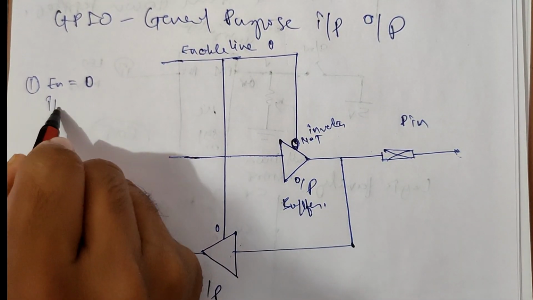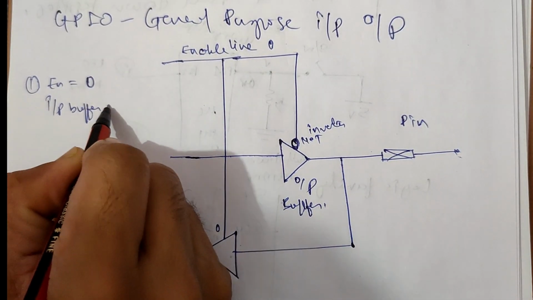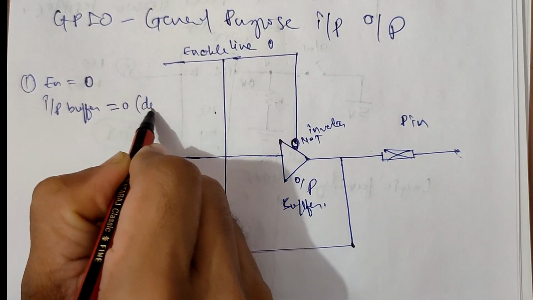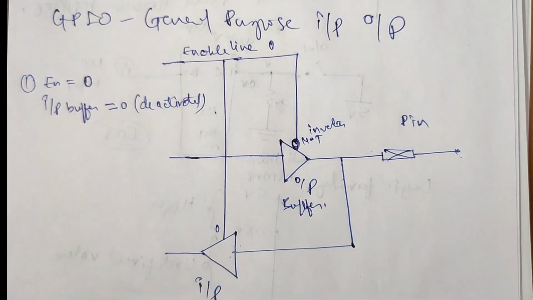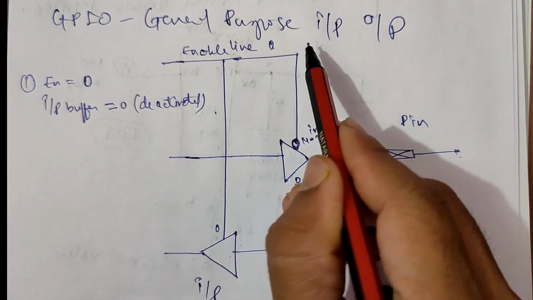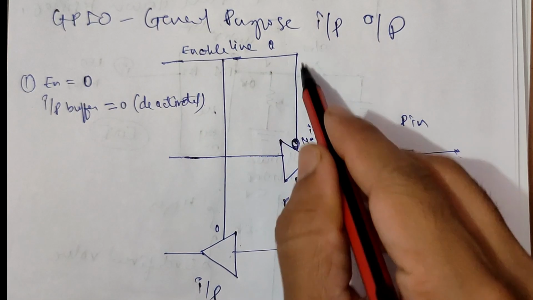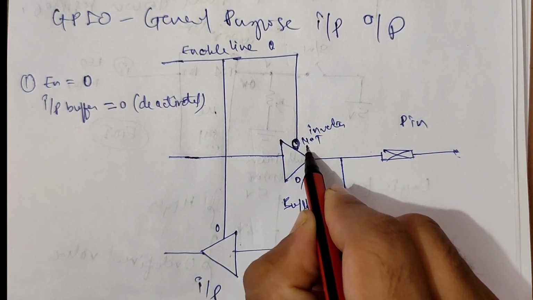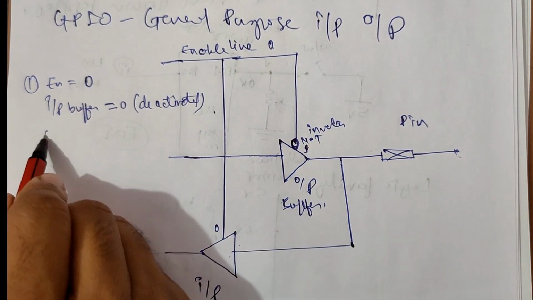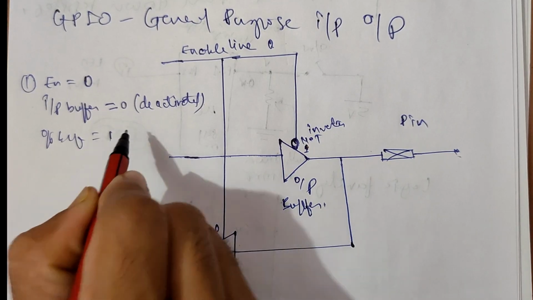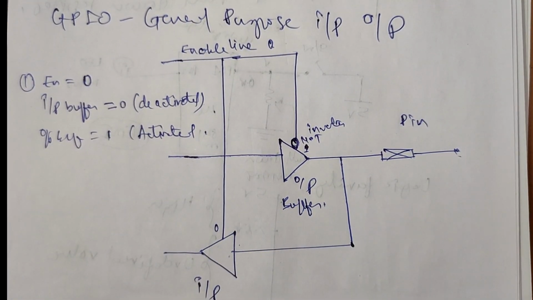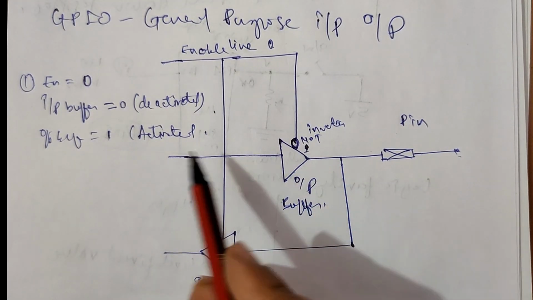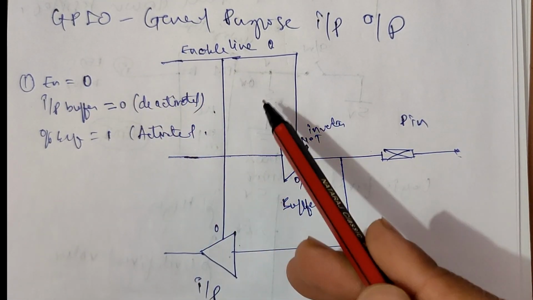The input buffer is getting 0, which means deactivated. See the output line here, I am getting 0, it is inverted, so I am getting 1 here, so this output buffer is activated. Now we have seen how we configure GPIO as an output.